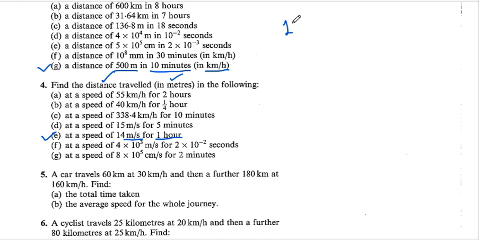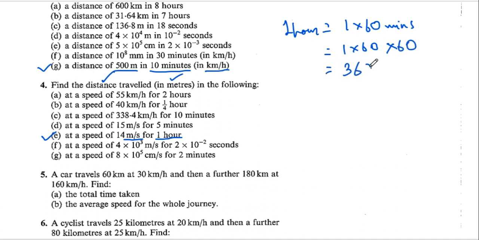So we know that in 1 hour we have 1 into 60 minutes. If you multiply this 60 with another 60, you will have 3600 seconds in 1 hour.